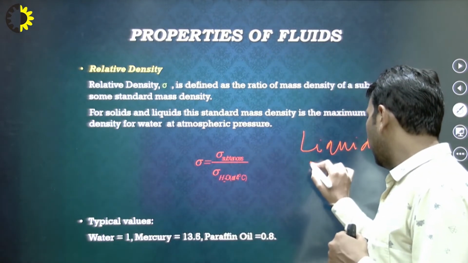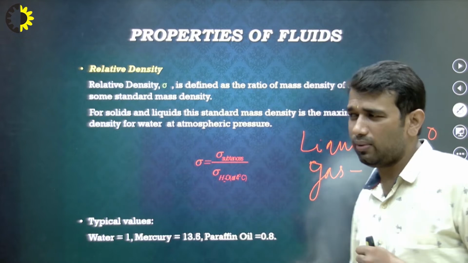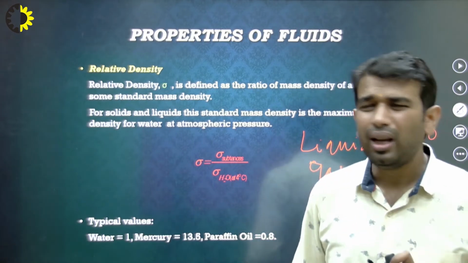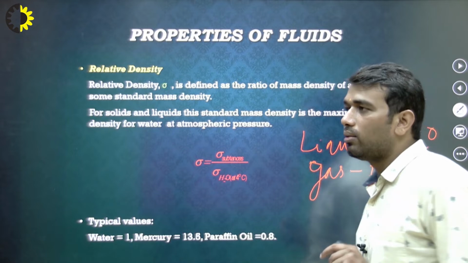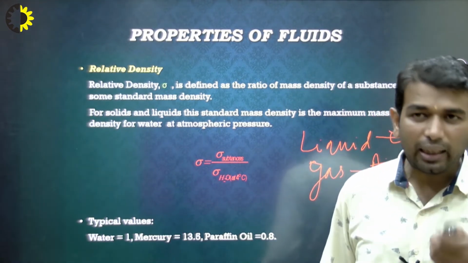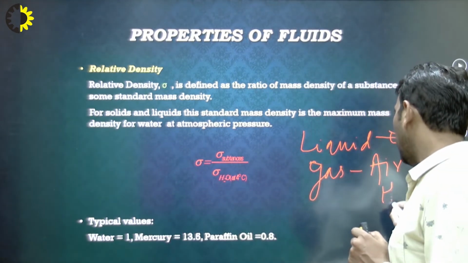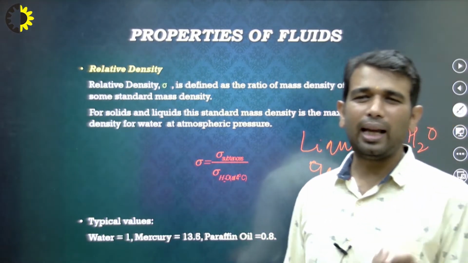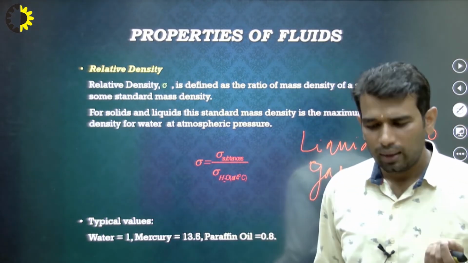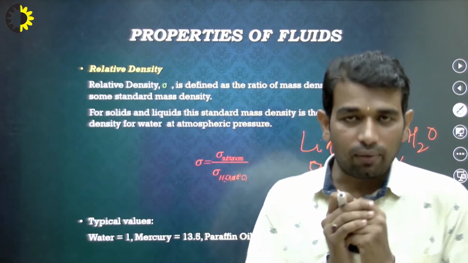And in the case of gases, there are two different types of fluid in common use, and the most common is air. But in some laboratory work and research work, hydrogen is also used as the reference fluid. For relative density of gases, most often in our syllabus we are going to consider air as the reference fluid.